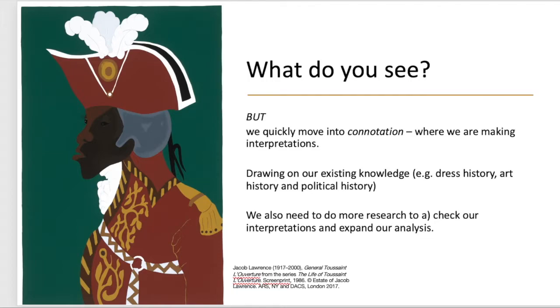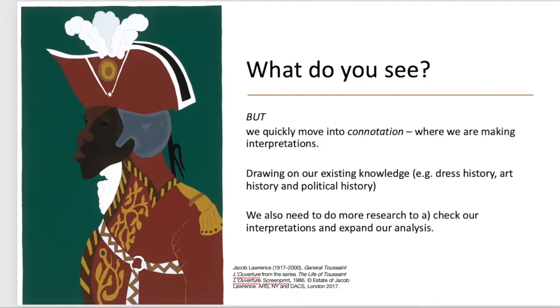So, as mentioned, the person is depicted in 3/4 profile. His gaze is fixed to our left, beyond what we can see. His military uniform is highly ornate, so red with gold decorations and feathers, suggesting a man of high status. There are a couple of interesting cultural tensions in the image.